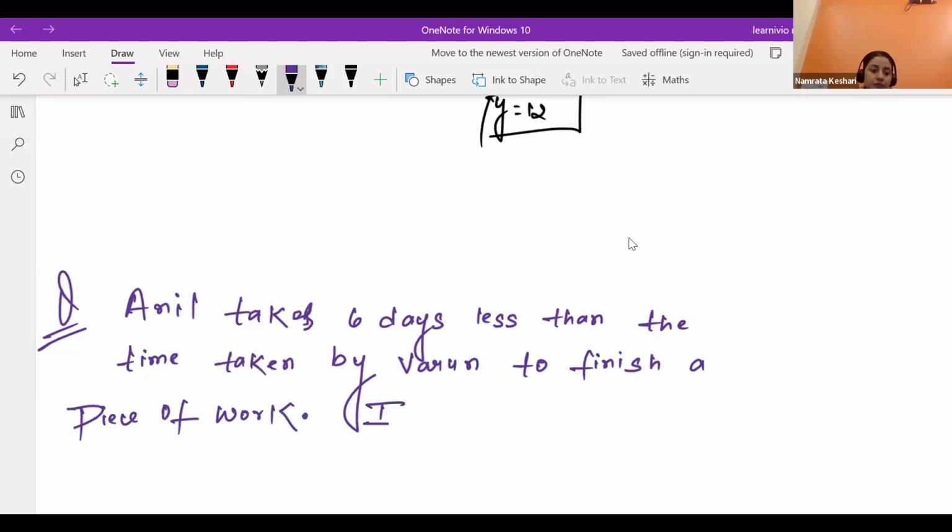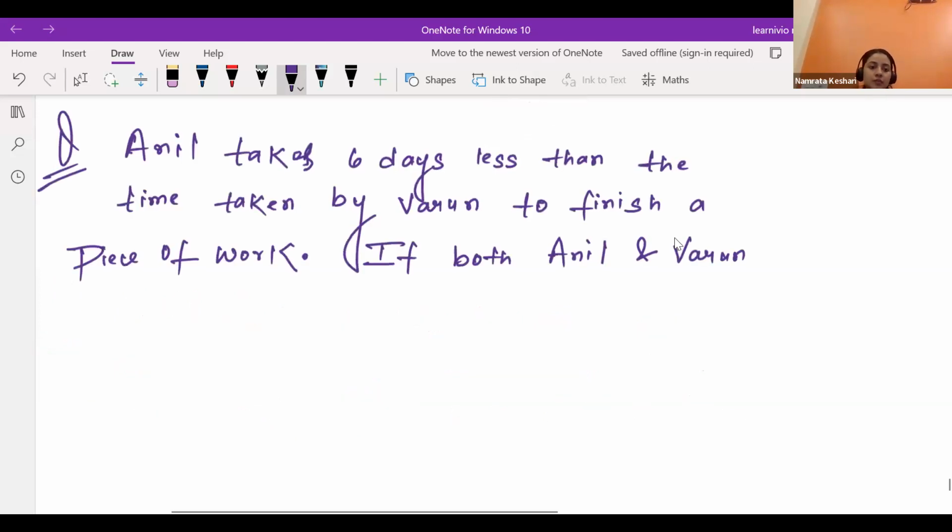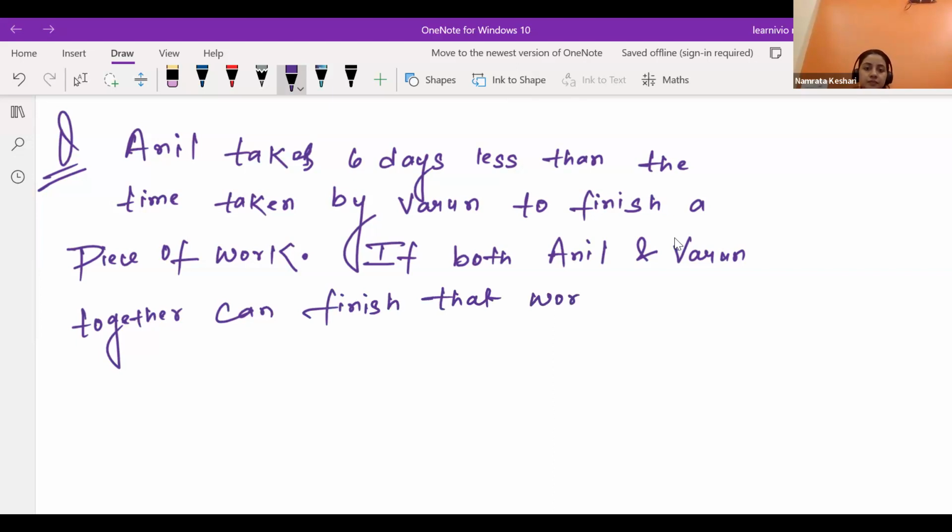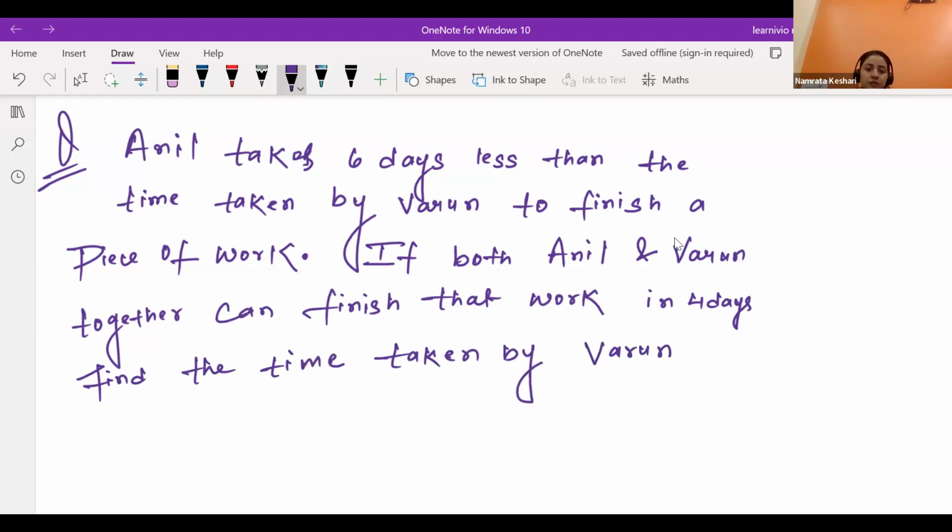If both together can finish that work in 4 days, find the time taken by one to finish the work independently.